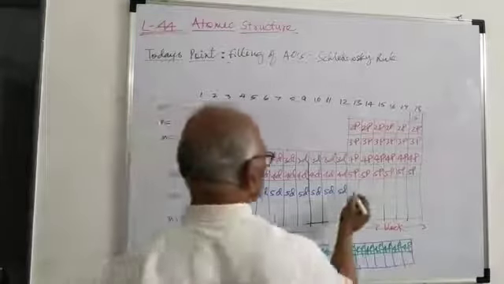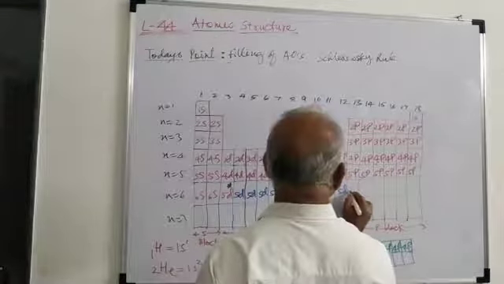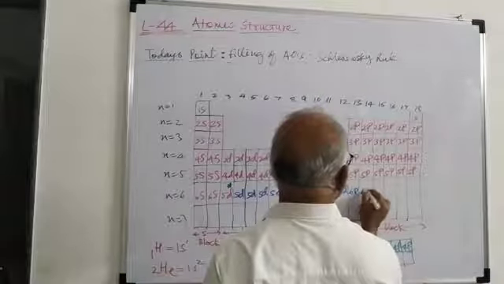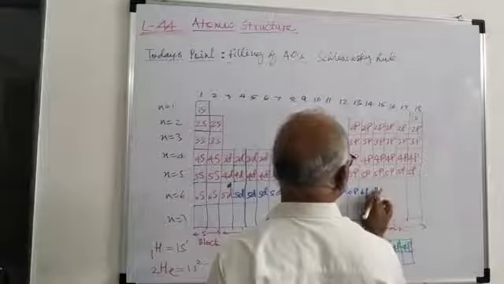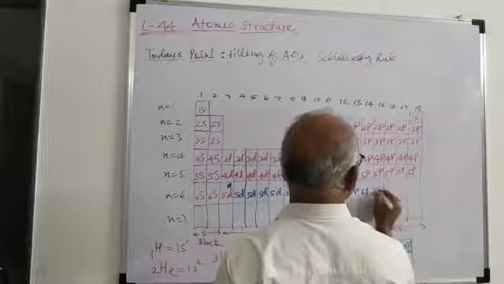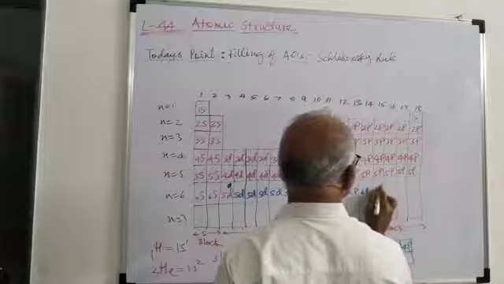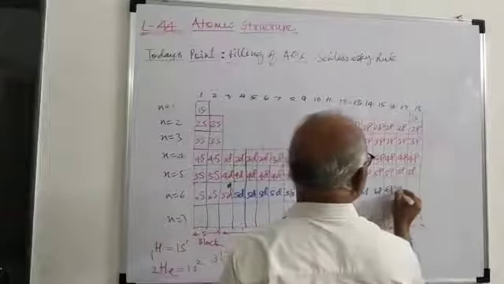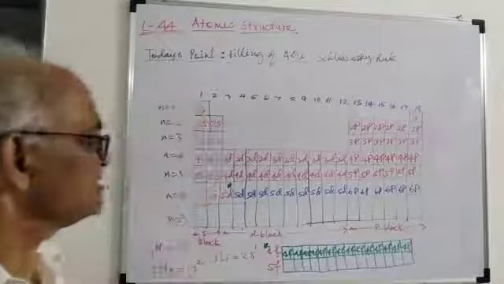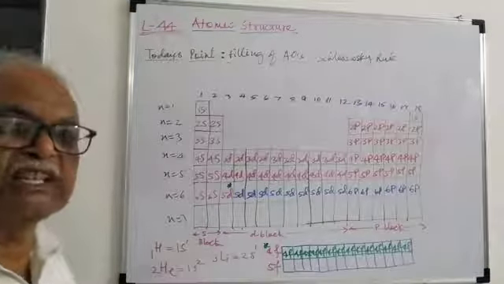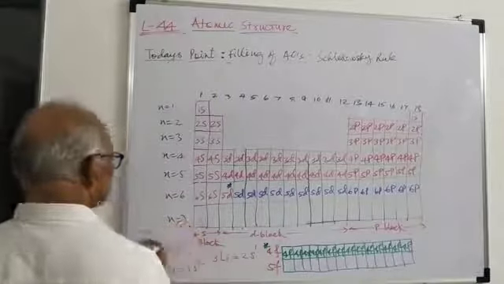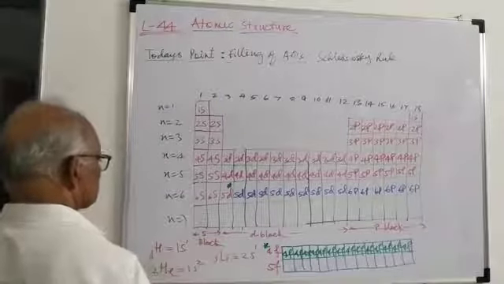Now the next electron will enter 6p, so 6p will be filled here. After 6p is completely filled, the next electron will enter into 7s.